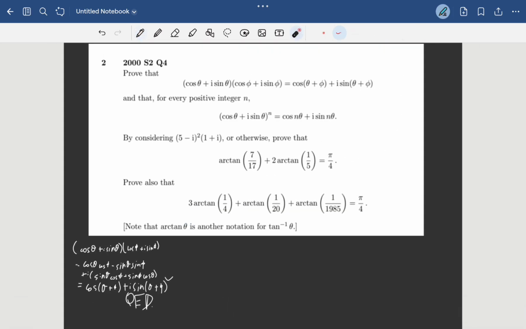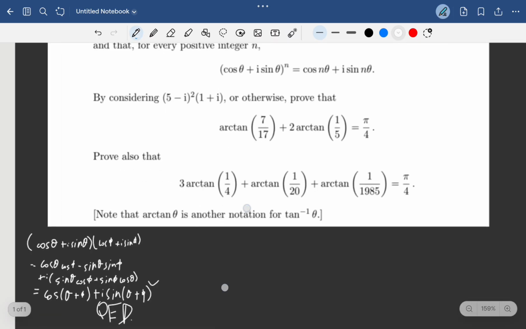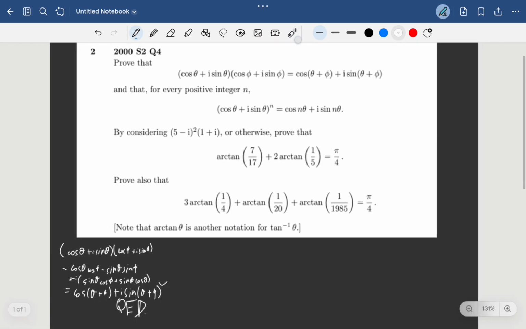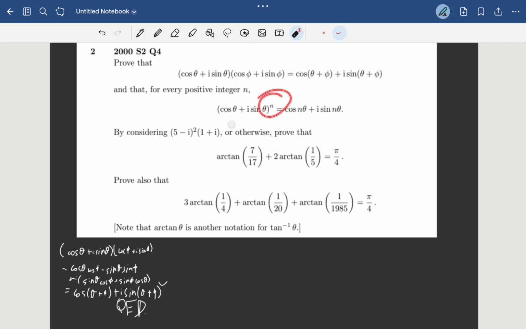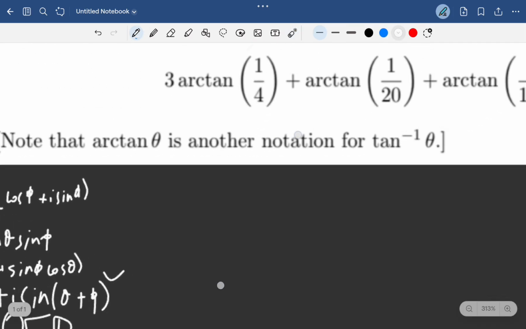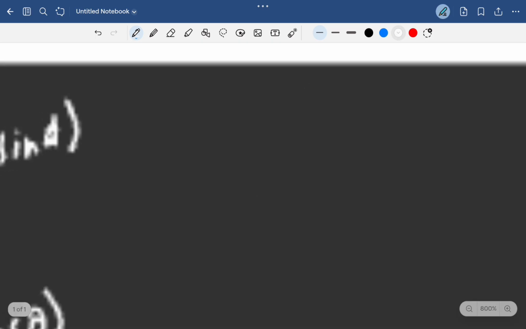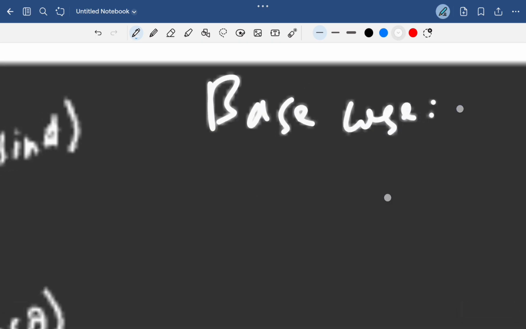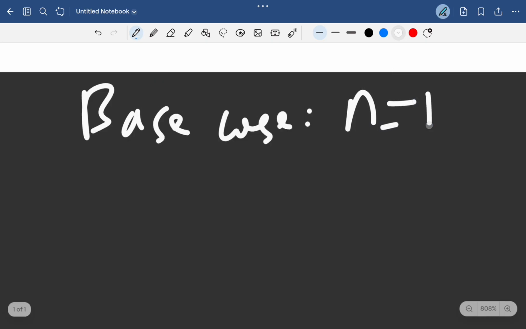Now, we need to prove that for every positive integer n, this equals this. This is de Moivre's theorem, so it's quite a famous theorem. I think I'm going to attempt induction here, so let's do it. We prove it for the base case, when n equals 1.